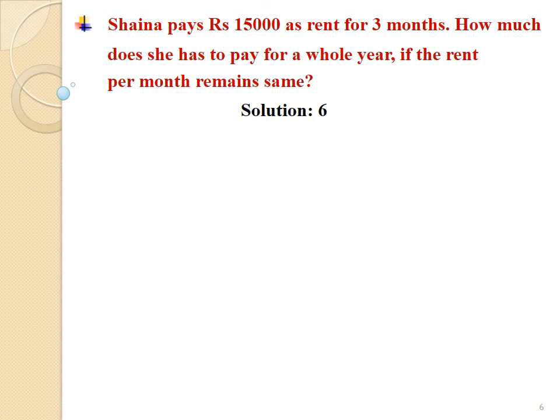Students, in this question, we have to find out the rent paid by Shaina for a whole year, that is 12 months. Students, it is given to us that rent per month remains the same.